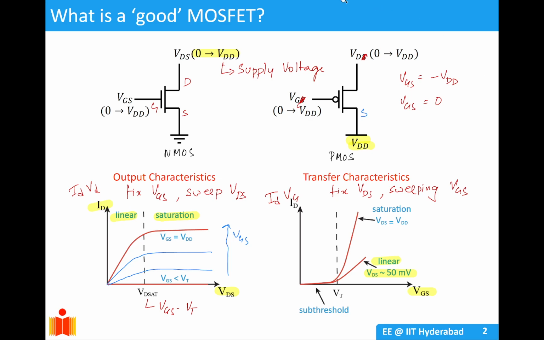Now, what is a good MOSFET? A MOSFET is generally three terminals.